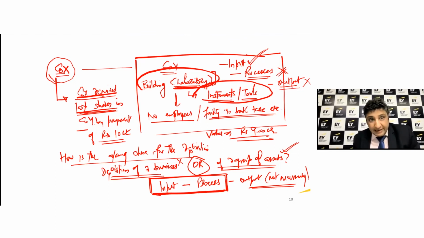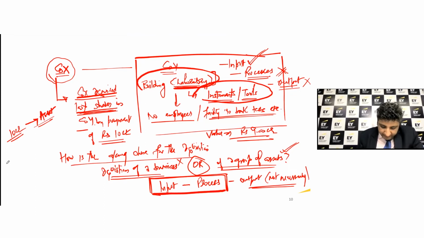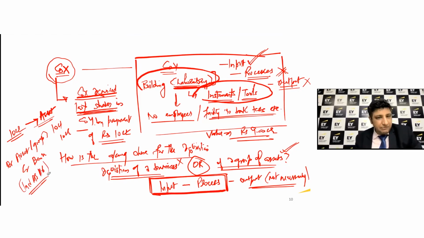That would simply imply that I'm paying 10 crore rupees towards acquisition of an asset. Accordingly, my accounting would be driven by Ind AS 16, which is property, plant, and equipment.